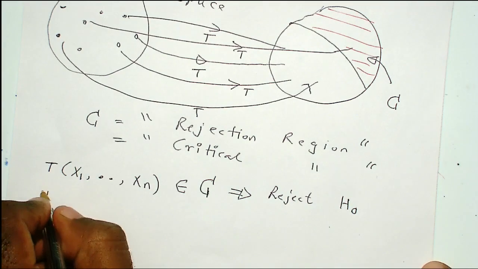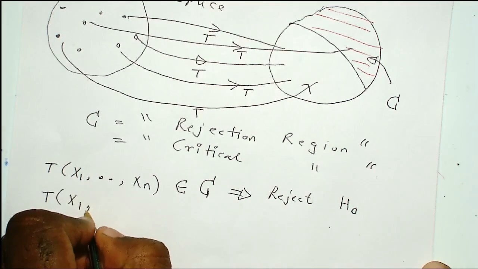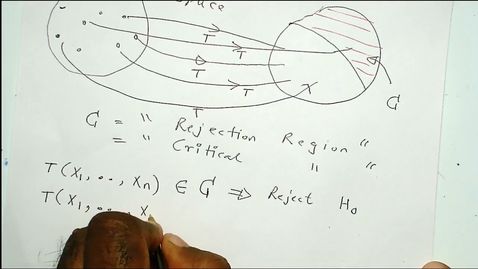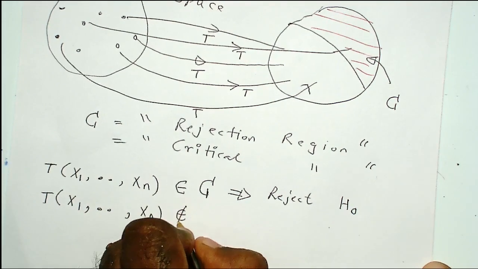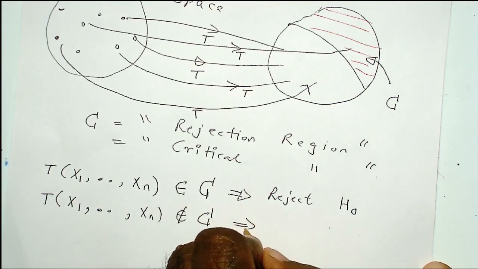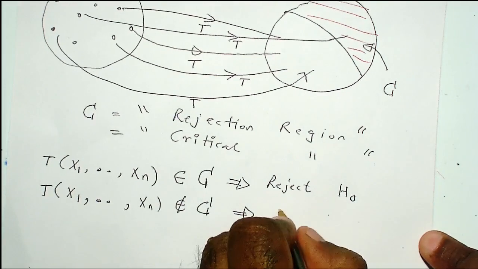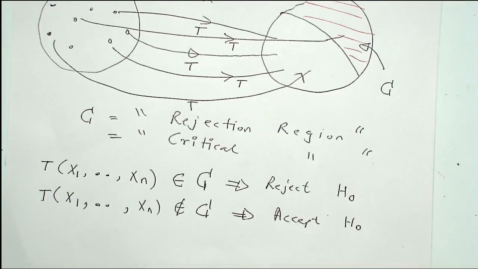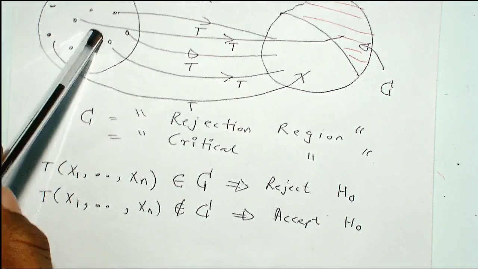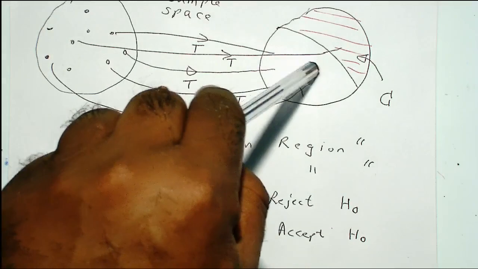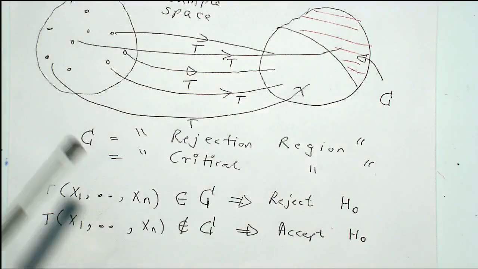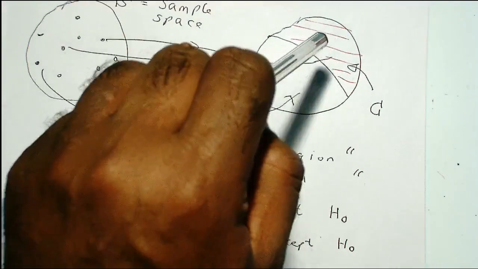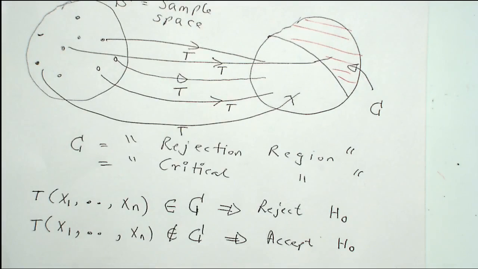If the data value mapped by T does not belong to C, then you accept the null hypothesis. You understand, guys, what I'm talking about? Because every data point in this space is mapped into this space. Depending on where it goes, whether it goes here or here, you either reject or accept the null hypothesis. Right? That's it.